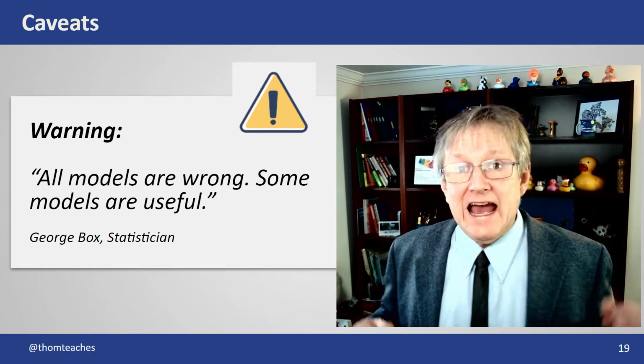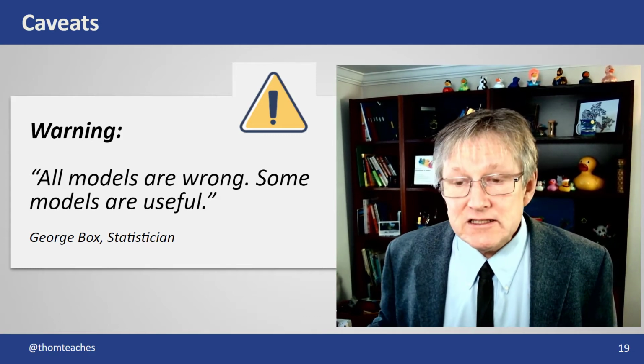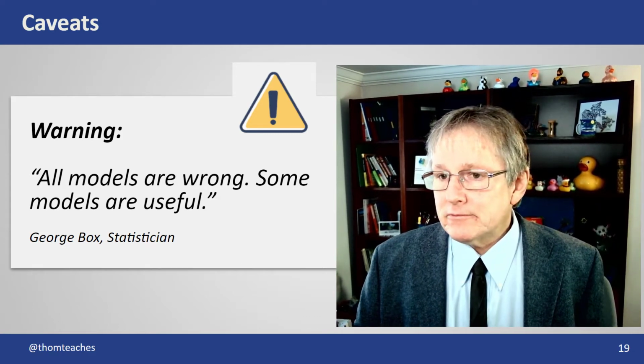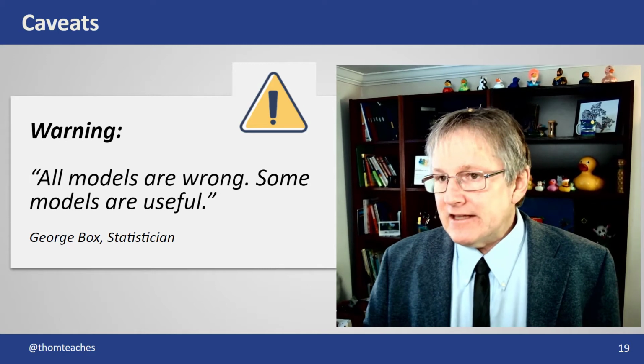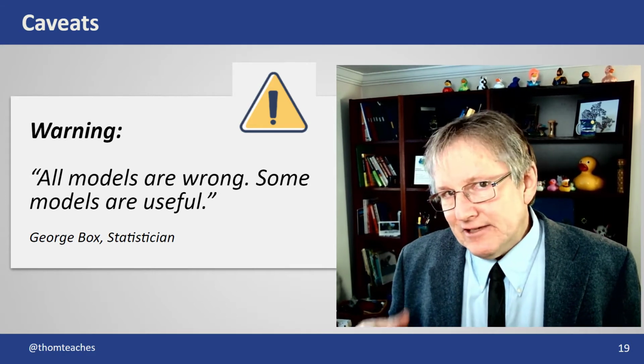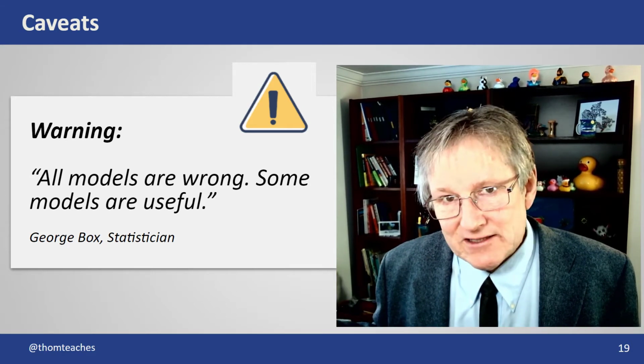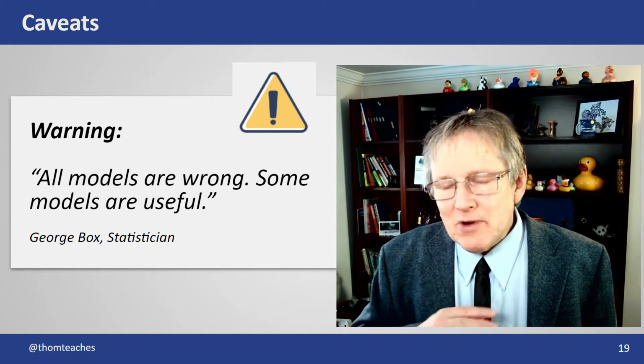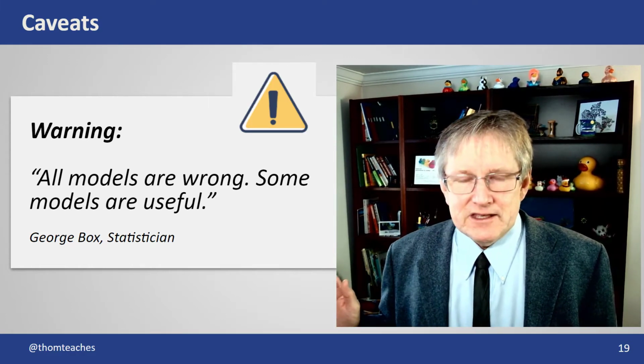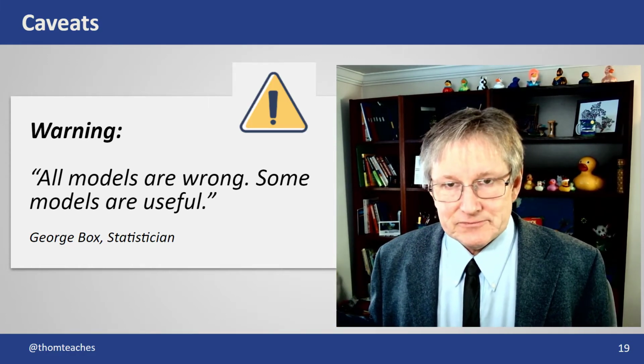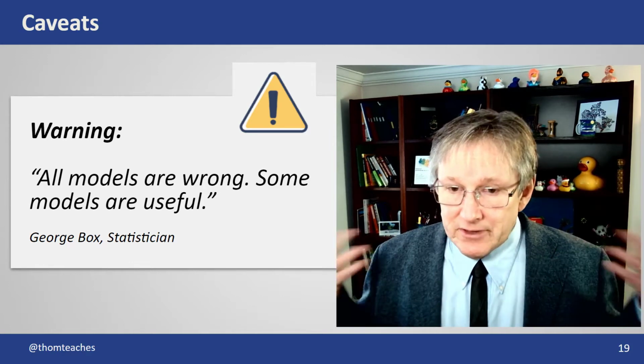Oh, caveats. So we're going to present a bunch of models and a bunch of processes, and some of them have kind of neat looking boxes with arrows going between the boxes and that type of thing. Just one thing to keep in mind with all of this is that it's not as simple as it looks. It's been simplified in order to help you learn about it.